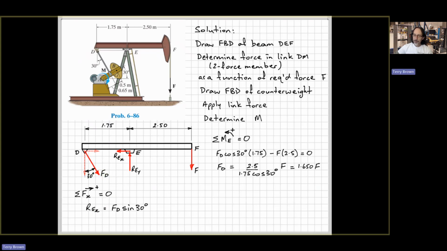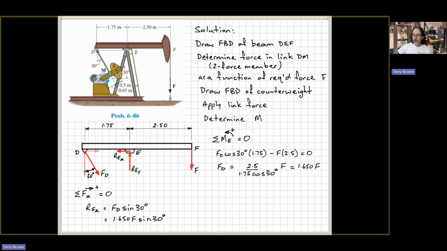Make sure that you don't have just this showing in your solution. You must have the justification for writing this, which is the sum of the forces in the x direction equals 0, or in the horizontal direction equals 0.